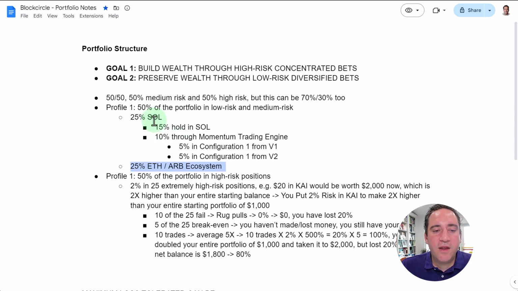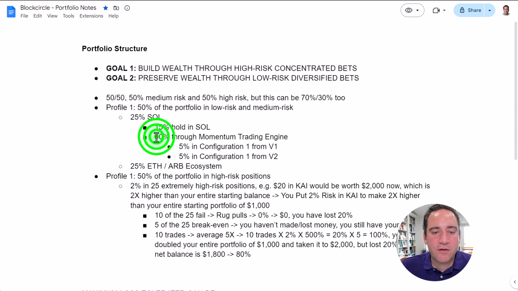Now, within the 25% Sol, you could break this up into different ways. You can have 25% Bitcoin and then 25% in ETH, ARB, Sol. That's completely up to you and that's your prerogative. But if we stick to this profile and we have 25% Sol, 15% of it can just be buy and hold until you feel like the market's stretched and we're nearing a market cycle top.